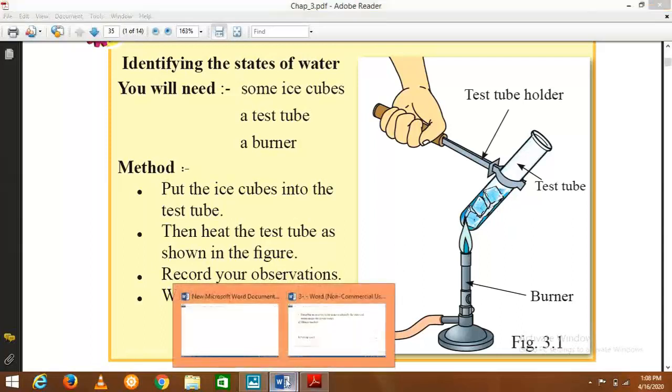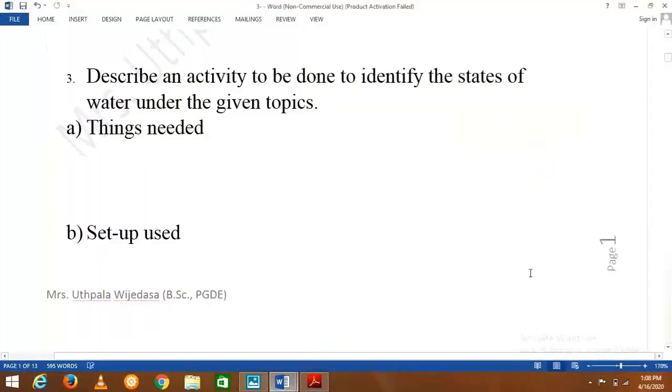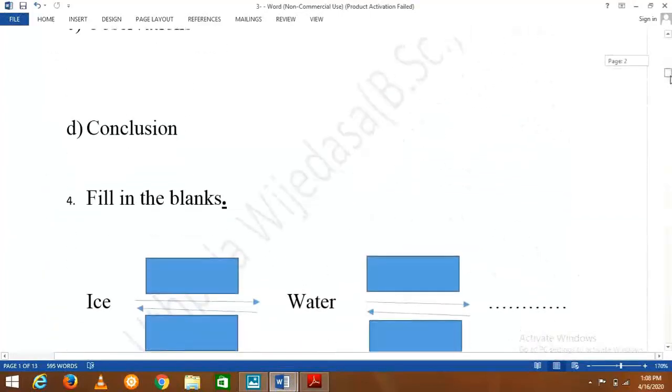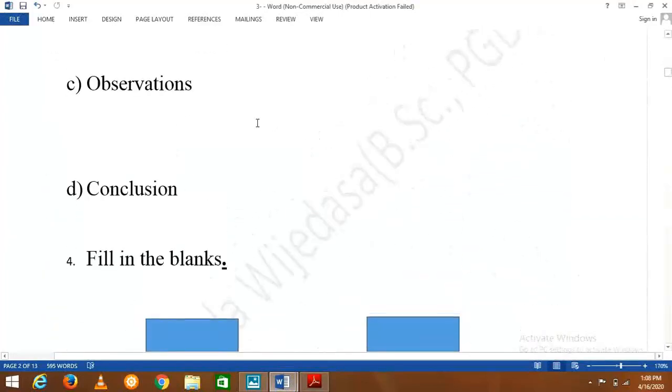So you have to record your observations here. There you can write, first, ice cubes melt and form liquid water, and then on further heating, that liquid water will be converted into water vapor.